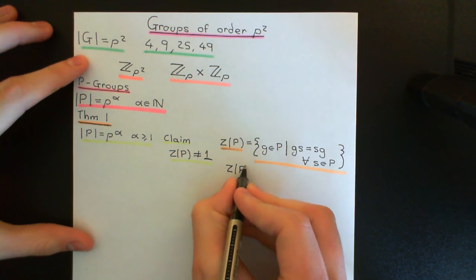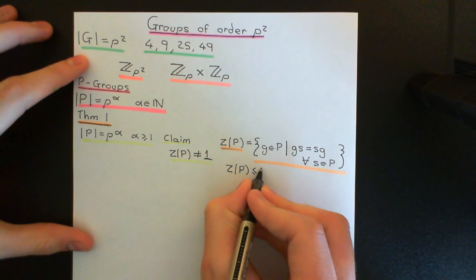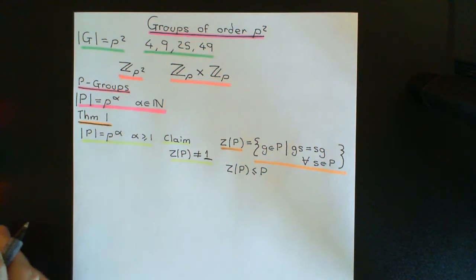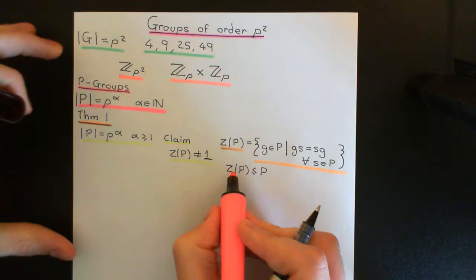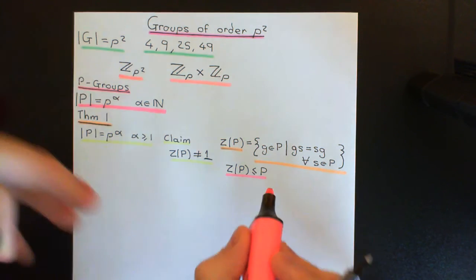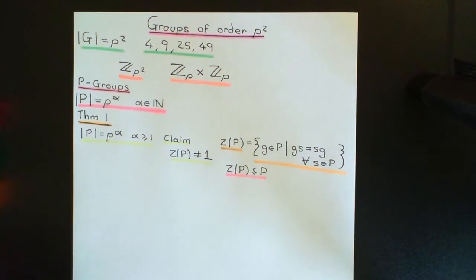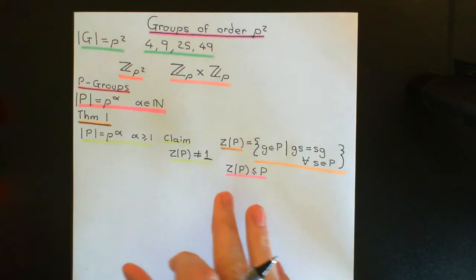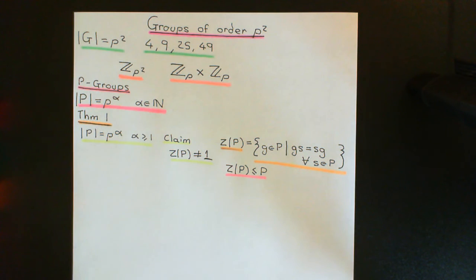So the centre will be a subgroup of our p-group, but this all holds true for more general groups than just p-groups. If you're not so familiar with that, I believe I have a video earlier in this playlist on group theory entitled The Centre of a Group.